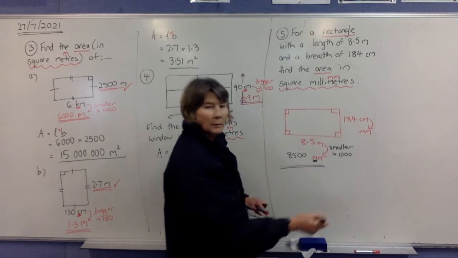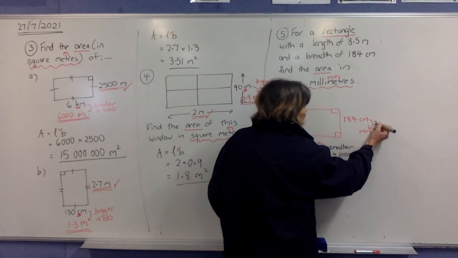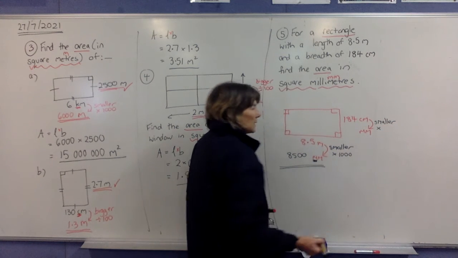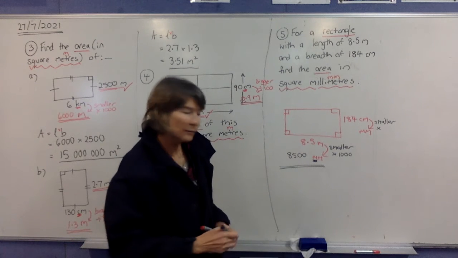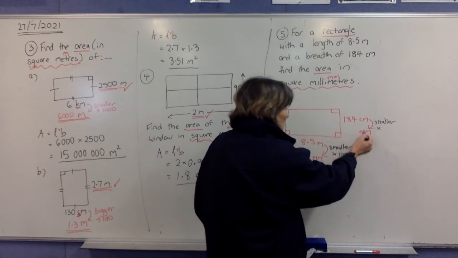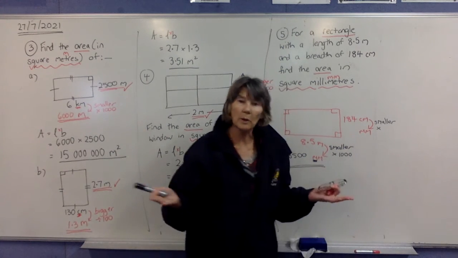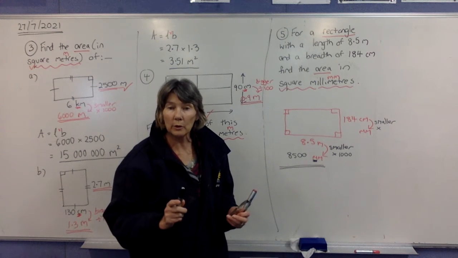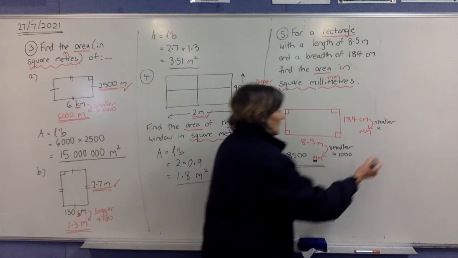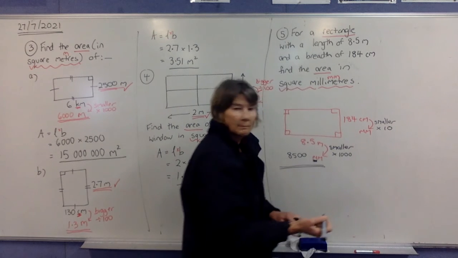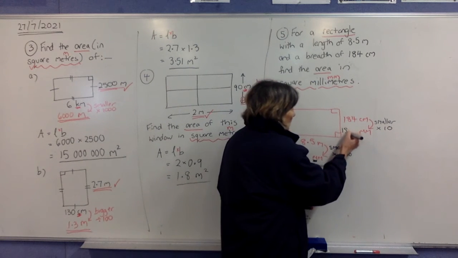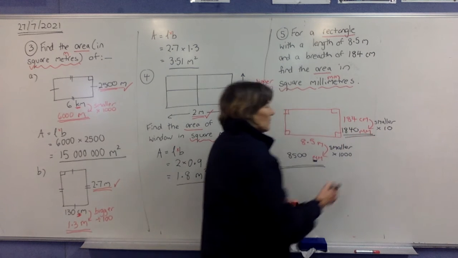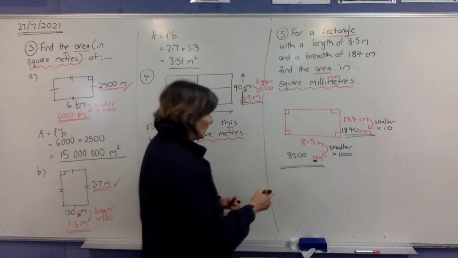And over here, we're going from centimetres to millimetres, also to a smaller unit, so we're timesing. Now remember, when you have the two prefixes, centi and milli, you don't know which one to look at, that's when you look at your ruler. So 1 centimetre on your ruler is 10 millimetres. So we're going to times by 10. So that number will become 1840 millimetres, and that's the number we're putting in our formula.